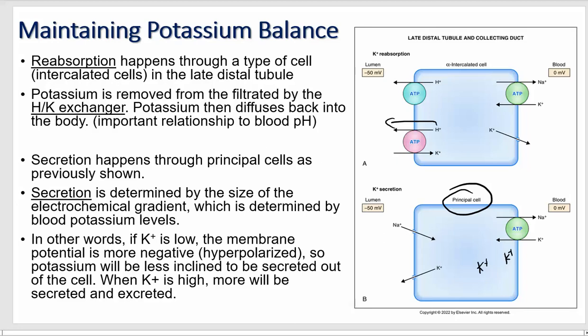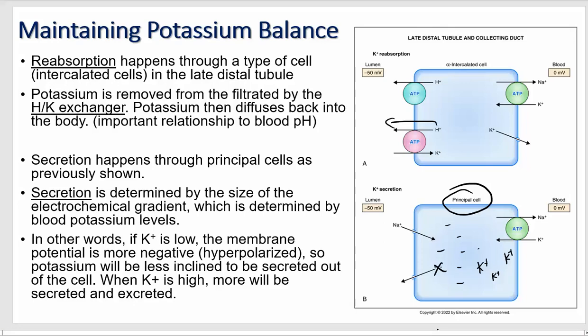So let's read that. In other words, if potassium is low, the membrane potential is more negative, because remember, potassium is positively charged. So if we have less of it, then we have a more negative, hyperpolarized cell. We remember that from the neuro section. So potassium will be less inclined to be secreted out of the cell.